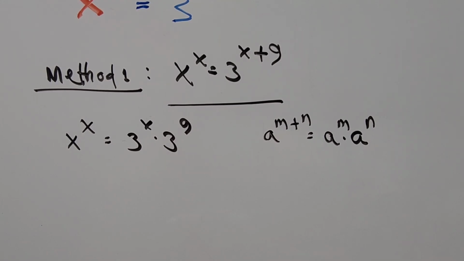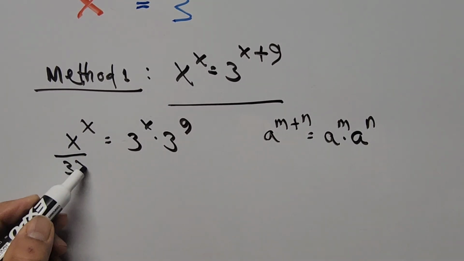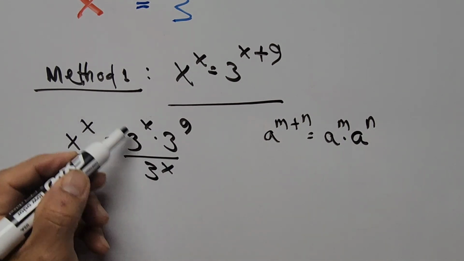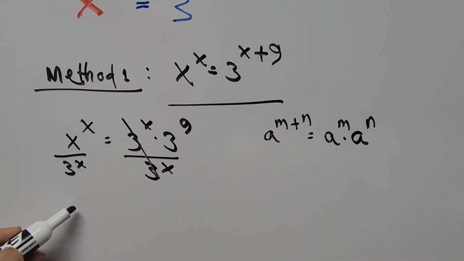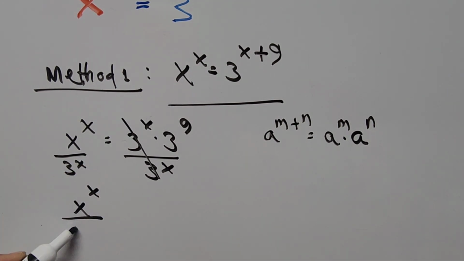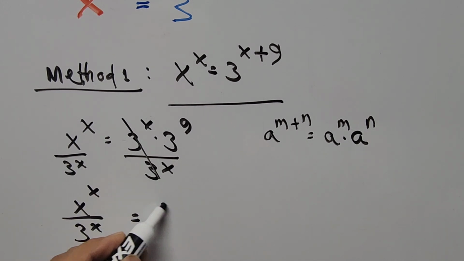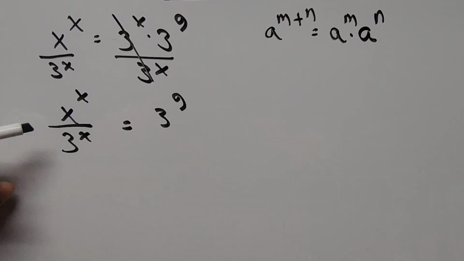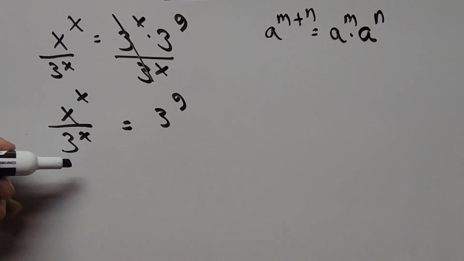Dividing the whole equation by 3 to the power of x, so we have here cancelled. So we have x to the power of x divided by 3 to the power of x equals 3 to the power of 9. And if you notice on the left-hand side, we have the same exponent.